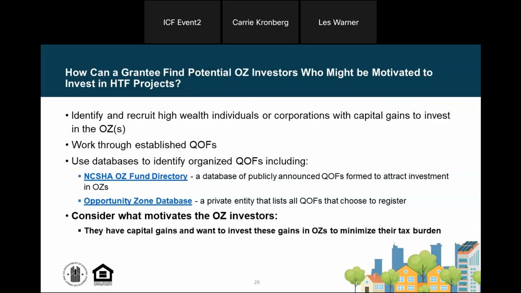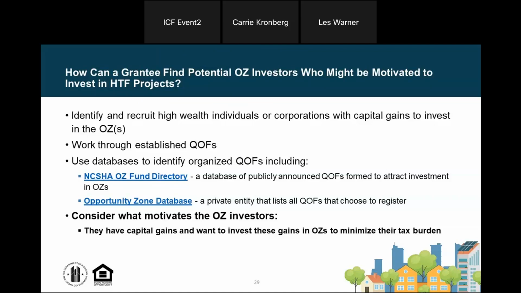Les has mentioned NCSHA a couple of times, and that's one of a couple of existing online resources that can help grantees find the QOFs that operate in their regions. NCSHA maintains a database of qualified opportunity funds that have been publicly announced. And then there's also an opportunity zone database linked here that lists the qualified opportunity funds that chose to register with that system.